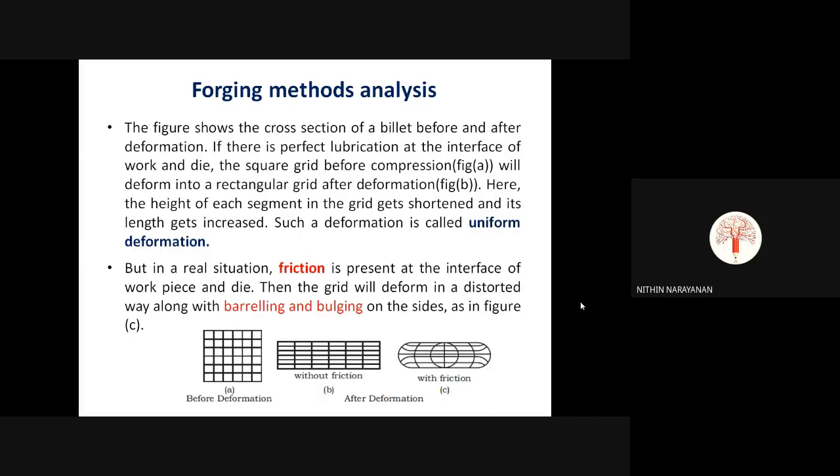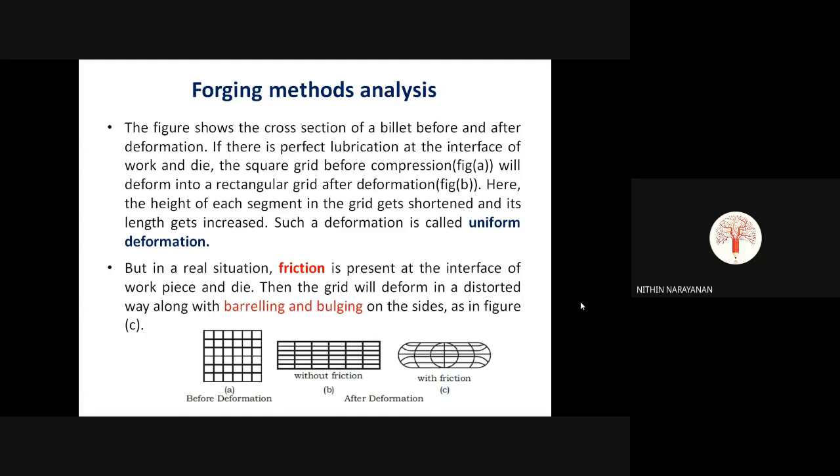Here you can see a figure with three parts, A, B, and C, of a particular workpiece or billet. The figure shows the cross section of a billet before and after deformation. Initially it is in a cube or square shape.